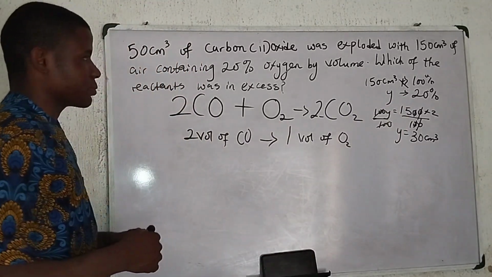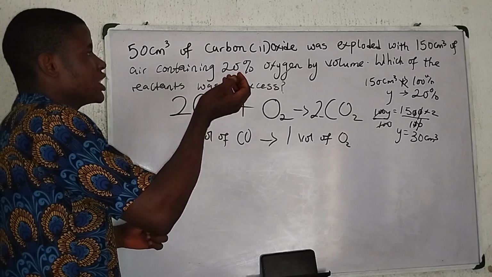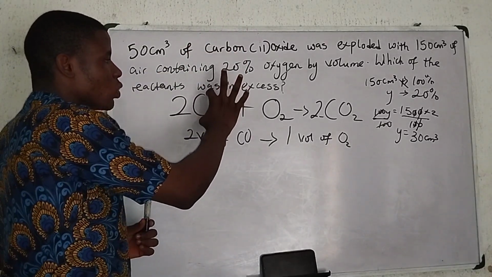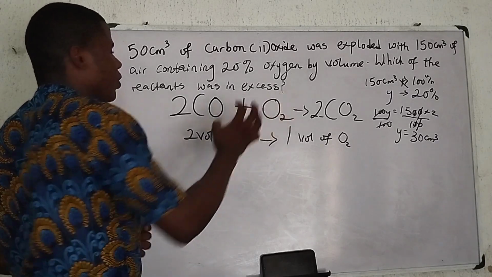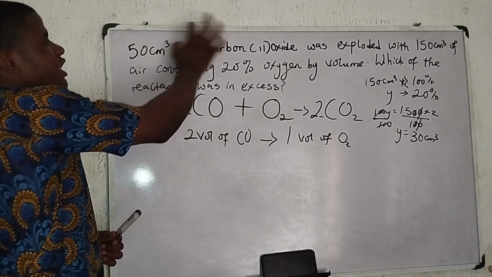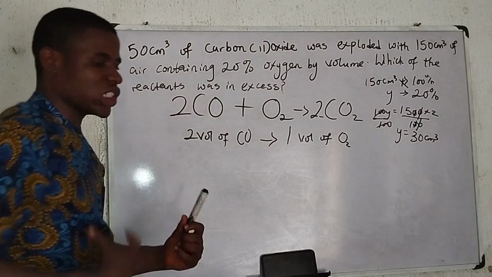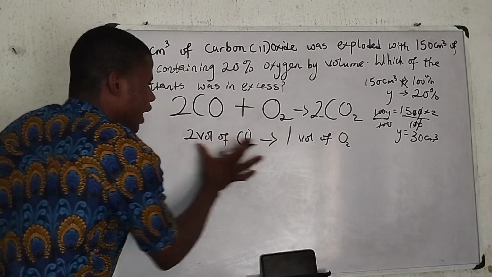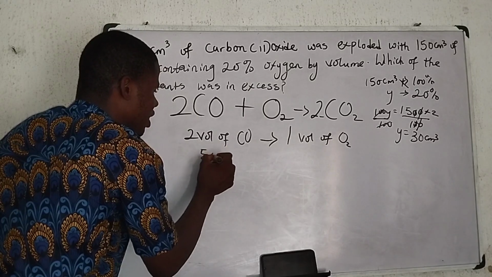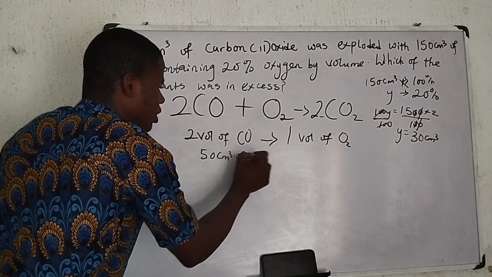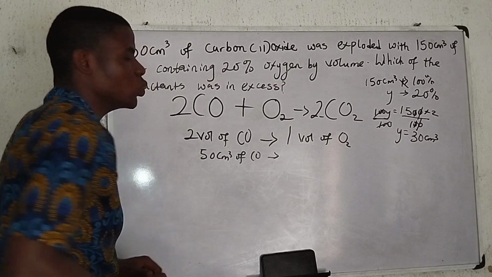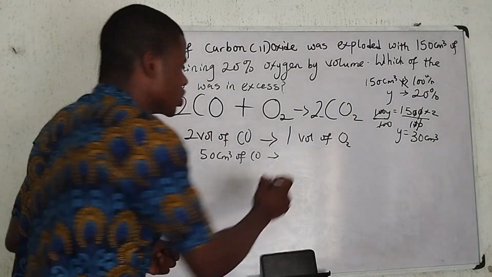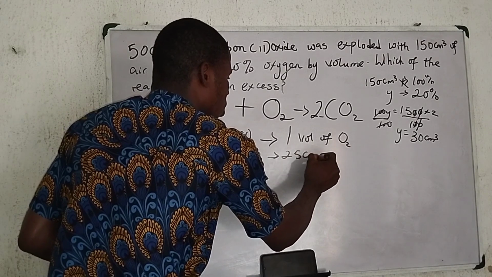So since we have 30 cm³ of oxygen, we have to check whether it is carbon monoxide that was in excess or oxygen that was in excess. So watch, 50 cm³ of carbon monoxide was exploded with 150 cm³ of air. Looking at here, this 50 cm³ of carbon monoxide is meant to react with 25 cm³ of oxygen.